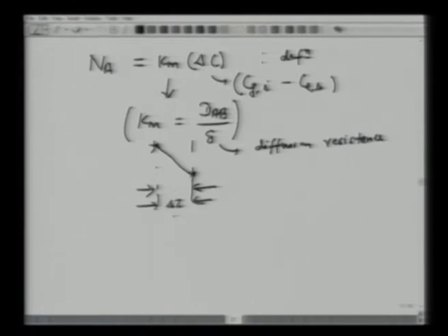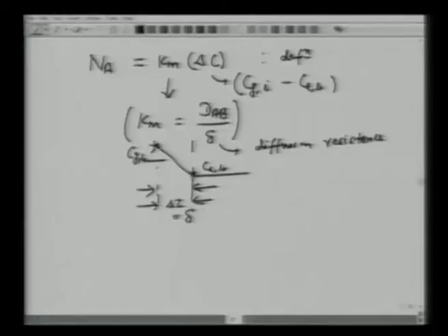There is no concentration gradient in the bulk, and we have Cgi and the bulk concentration Clb. So this is film theory. Very common, very popular, and widely used, but it has its limitations. And we said earlier that there is no bulk transport in this.